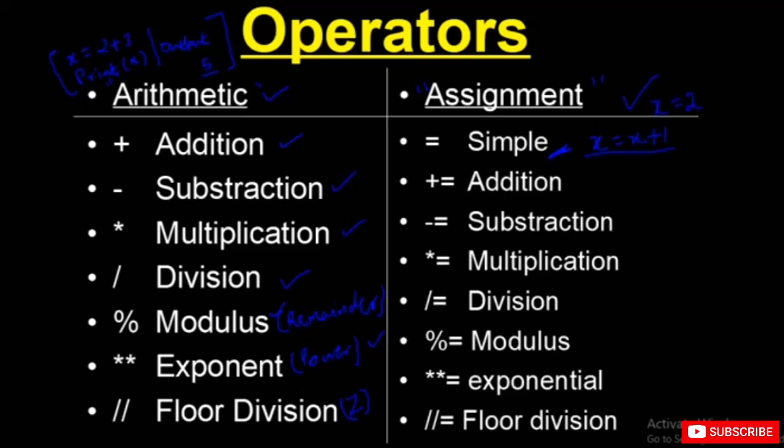So this is basically the assigning step or initialization, and then this is addition, subtraction, multiplication, division, modulus, which is remainder, and exponent, which is power, like 2 to the power 3, and floor division, that is basically going to round it off to the integer.